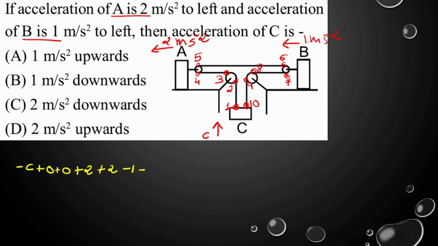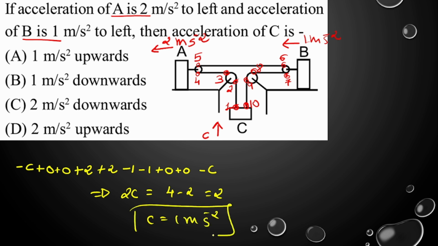Point 7 decreasing the length, minus 1. Point number 8 doing nothing, 0. Point number 9 doing nothing, 0. And point number 10 decreasing the length, so that is minus C, which means 2C equals to 4 minus 2, that is 2. So C is 1 meter per second square.